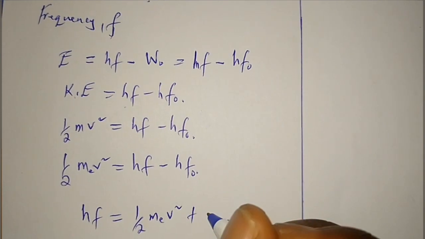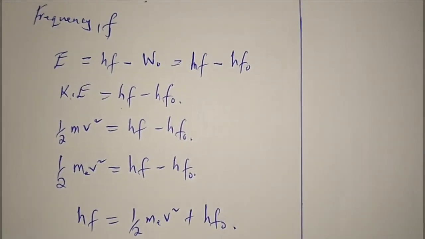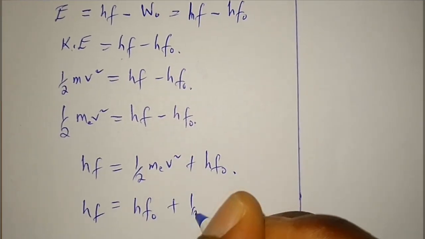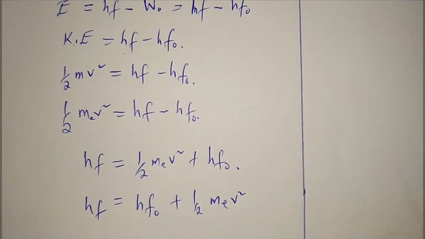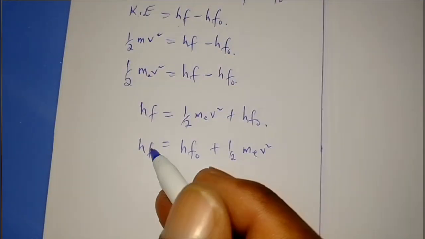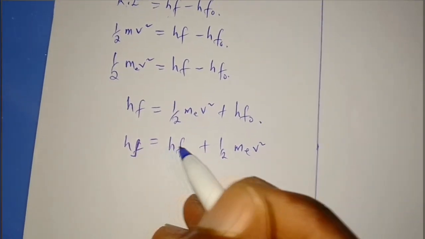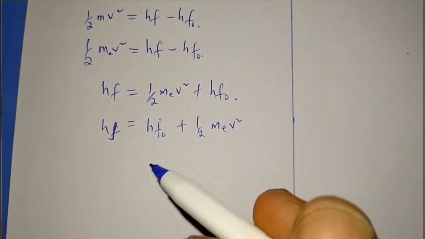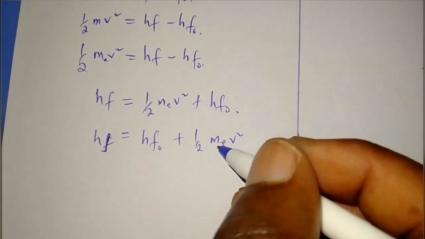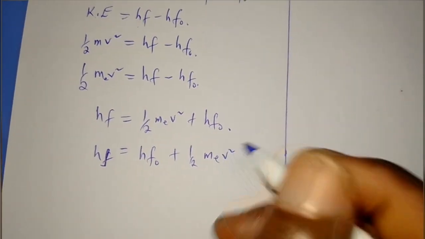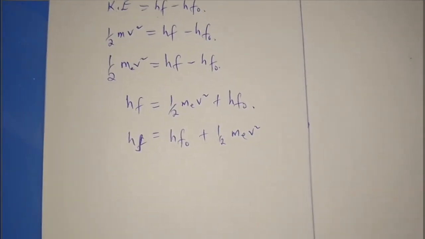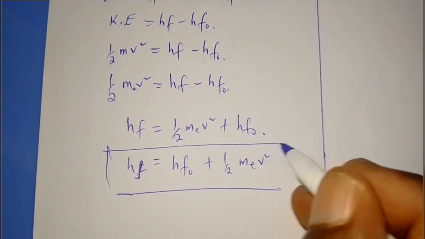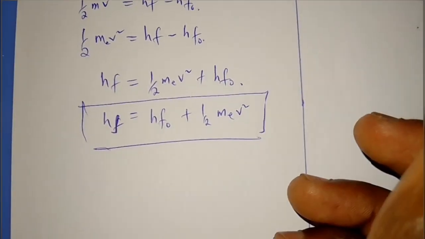Here H is the Planck's constant, f is the frequency, f naught is the threshold frequency, m is the mass of the electron, and v is the velocity. This is Einstein's equation of photoelectric effect. Hope you understand.